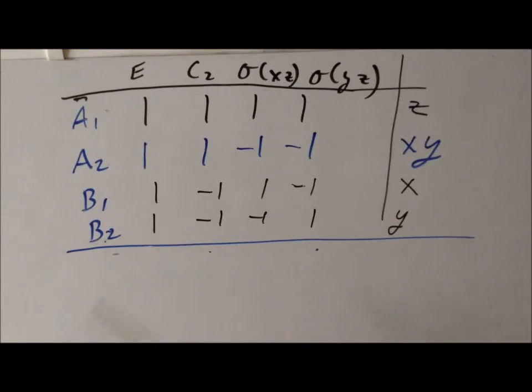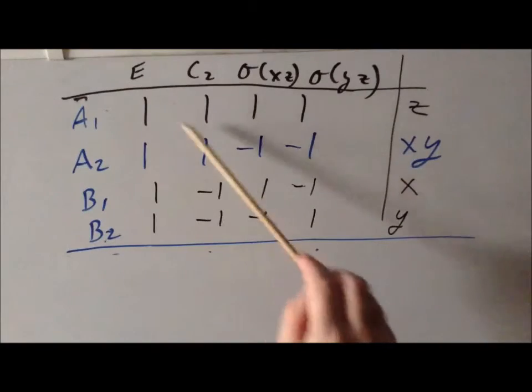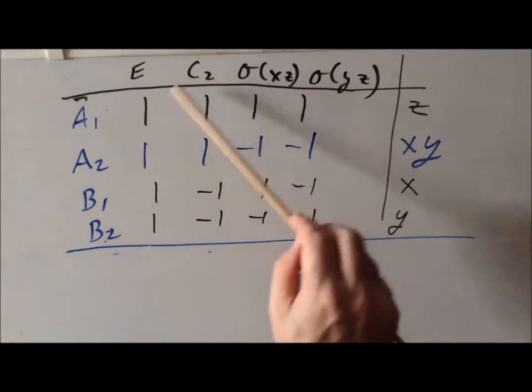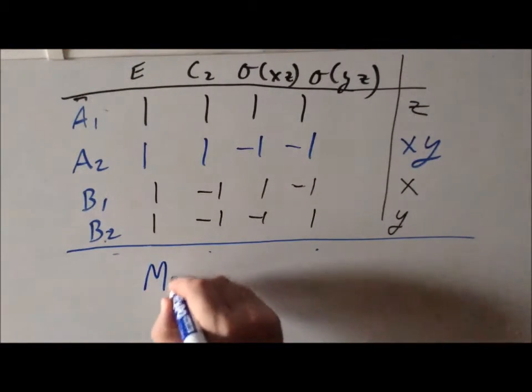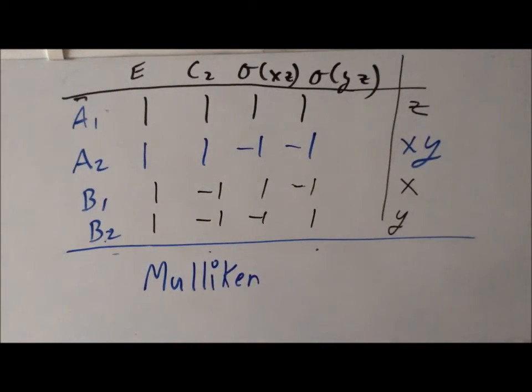So for a representation that is symmetric with the high order rotation axis, which means that the representation has a positive character for the symmetry operation, we use the label A. If it's anti-symmetric, which means that the character is a minus 1, we use a Mulliken label of B. So these labels are called Mulliken labels, after the scientist who developed them.